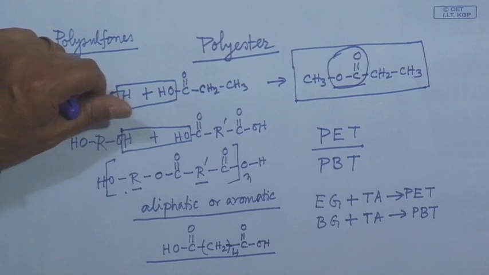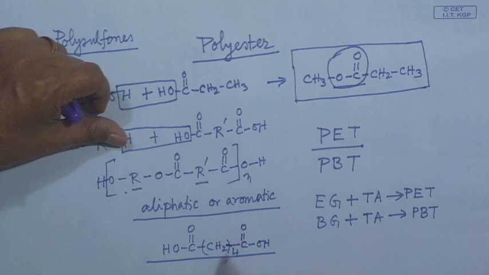This is adipic acid. So, in place of this phenyl ring, 4 methylene units have come, and we can get this polymer if we react with ethylene glycol.